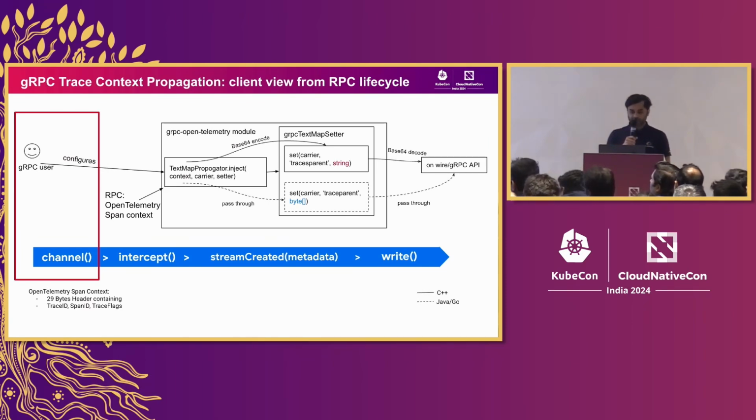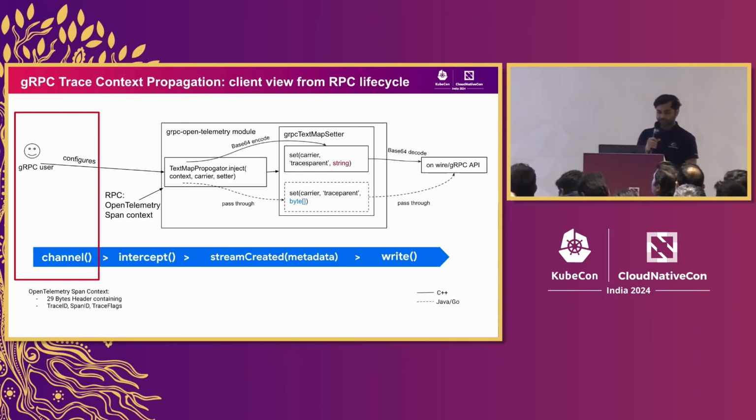This OpenTelemetry span context is a constant 29 bytes header, which has a standard key called trace parent, and that key all the vendors understand, all the exporters understand, and all the exporters know how to decipher this 29 byte span context, and where the trace ID and span ID are, and how to connect them. That is how it achieves portability.